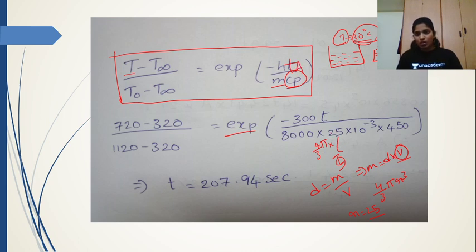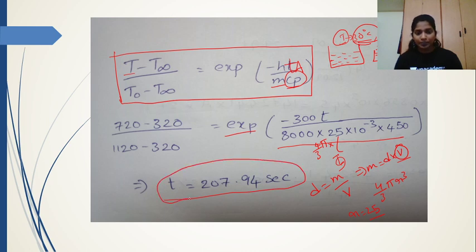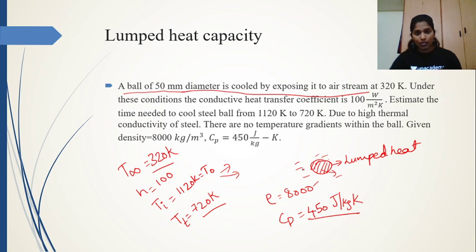Okay, so this is hAt by mCp. From this you will be calculating. After substituting all the data, you will have the formula and we will get a value for time, right? So t is equal to 207.94 seconds. So this is the time at which the temperature of the ball is 720 Kelvin.